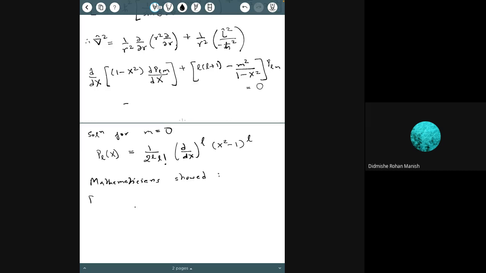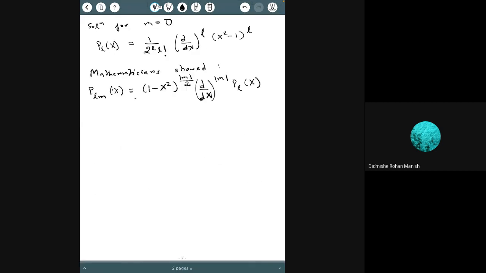If you wanted something for m not equal to 0, all you had to do was multiply 1 minus x squared to the power of modulus of m by 2 with d/dx to the power modulus m of P_L(x). So P_L(x) is the solution for m equal to 0, and if you wanted something for a non-zero m, you only had to carry out this operation.